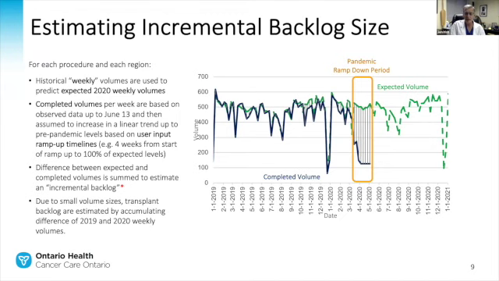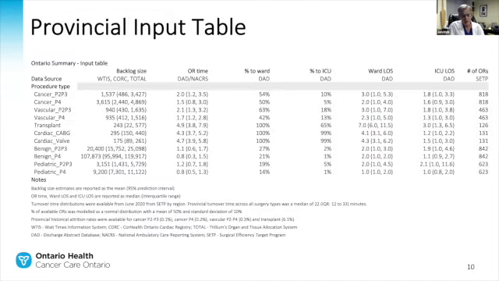If you go on to the next slide, this is the provincial input data. Again, a relatively heavy slide. You can see the data sources across the top and the accumulated backlog in cancer surgery, vascular surgery, cardiac surgery, and benign surgery based on the numbers shown.